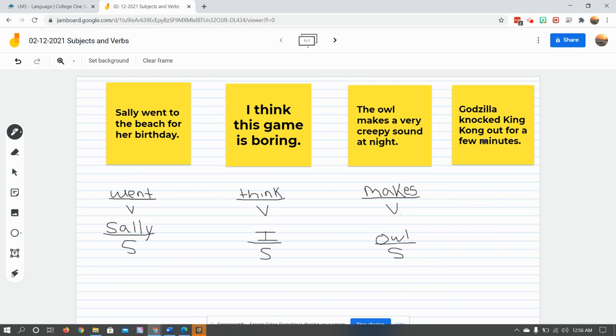And now I'm going to do the last sentence. Godzilla knocked King Kong out for a few minutes. Okay, so where is my verb? First, I'm going to find the verb. It's a lot easier to do that first. So knocked, okay. Knocked is when you hit something and it falls to the ground and literally stays there when it knocks you out. So knocked is definitely a verb.